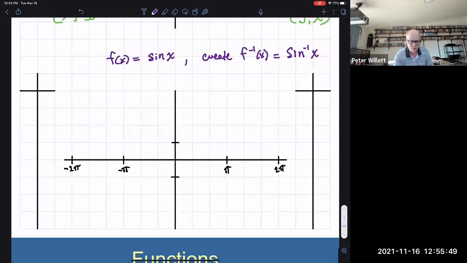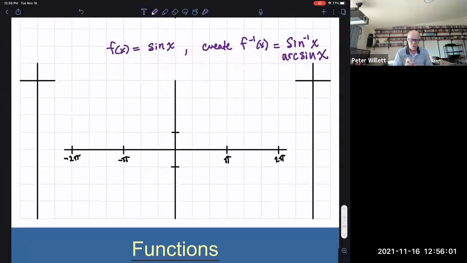So this might also be written as arc sine of x. There's a couple of times we've just punched these on a calculator in some previous problems, but we want to talk more in general about this now and look at it graphically and how it's created and what it does.